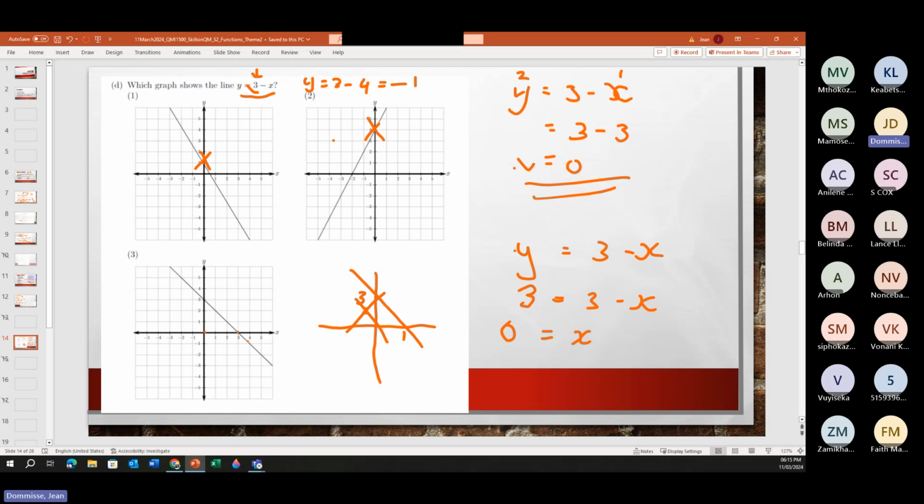Let's see where x was 4. There we see y is -1. So we could have also just looked at the formula and replaced any other number on that straight line, and look at it if it is actually one of the points.